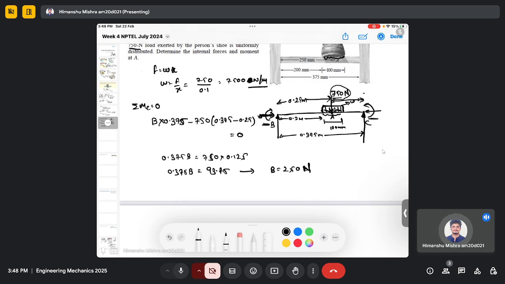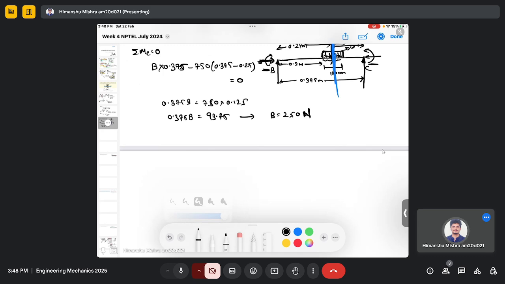So since we need to find the shear force and then bending moment at point A, we can actually cut across here at point A. So then our beam will look like, the free body diagram of beam will be, this is B, and this is the distributed load I have.